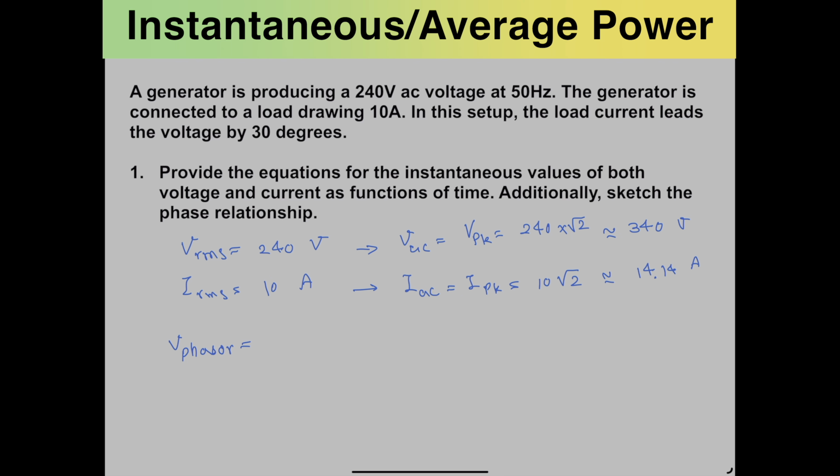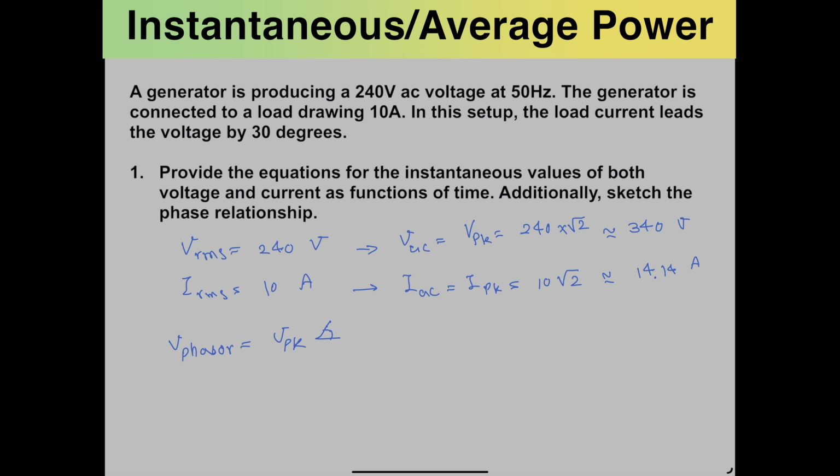Now, if you want to represent the voltage and current as phasors, V in phasor domain can be represented as V peak with the angle of voltage. Since the current leads the voltage by 30 degrees, we can base our calculation on the voltage such that it wouldn't have any phase.